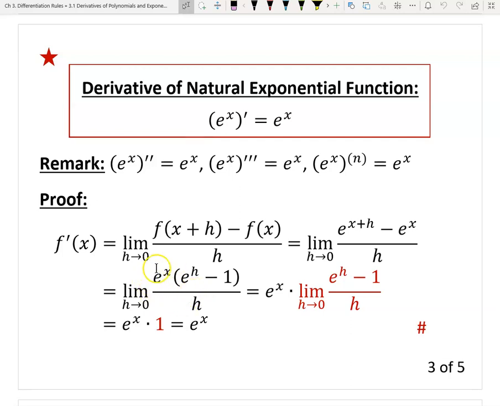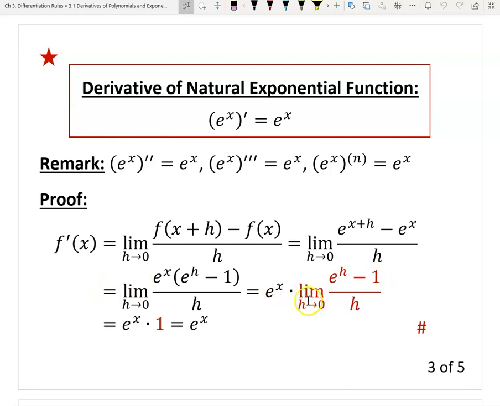Then we look at e raised to the x. If x is a fixed number, e raised to the x is a fixed number that has nothing to do with the limit, nothing to do with h. This is just like a constant number. We use the limit law and factor this constant out.